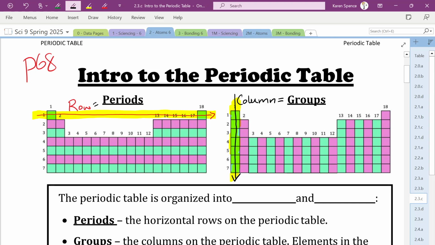A column is a group. Okay, so periods go left to right, groups go up and down. So the periodic table is organized into periods and groups.